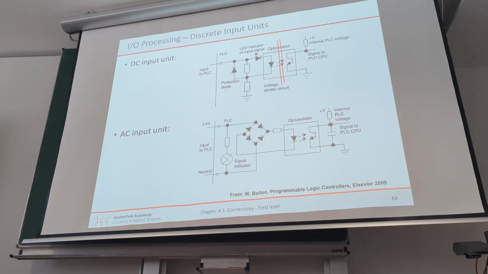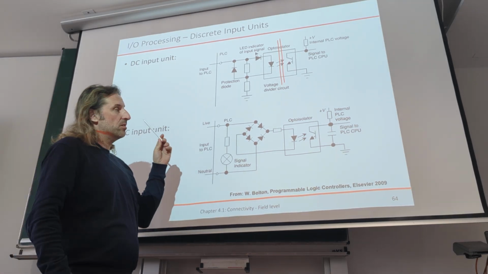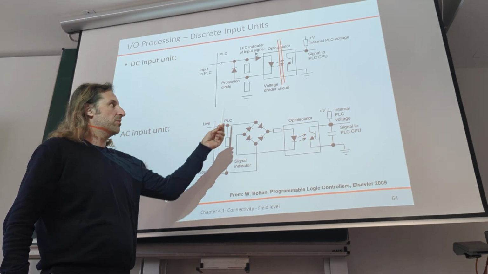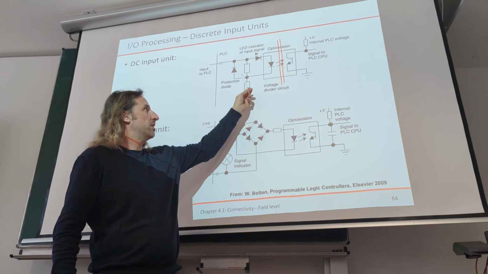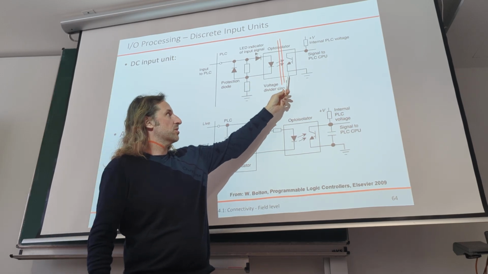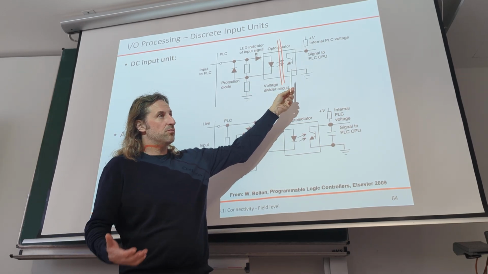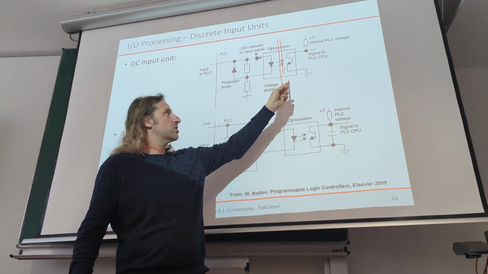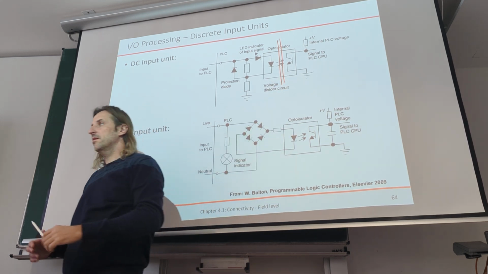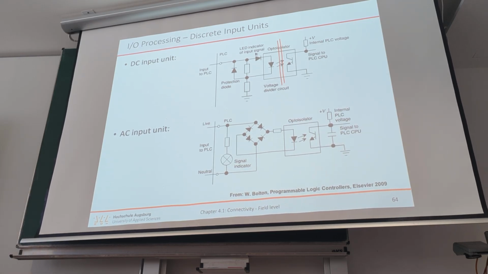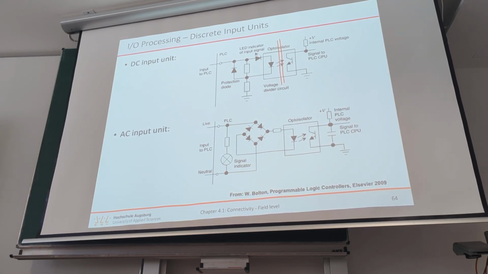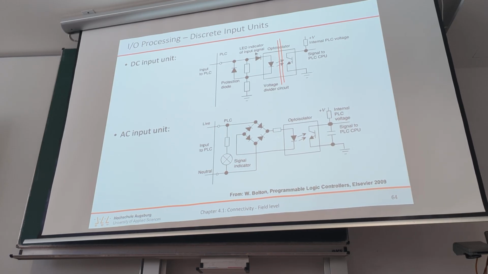Okay, and DC is a bit easier circuit-wise. With an analog input we have the same: we would have an isolation in between as well, but the analog circuitry is much more difficult because you must have a linear voltage translation, and here in the digital world we just have ones and zeros.